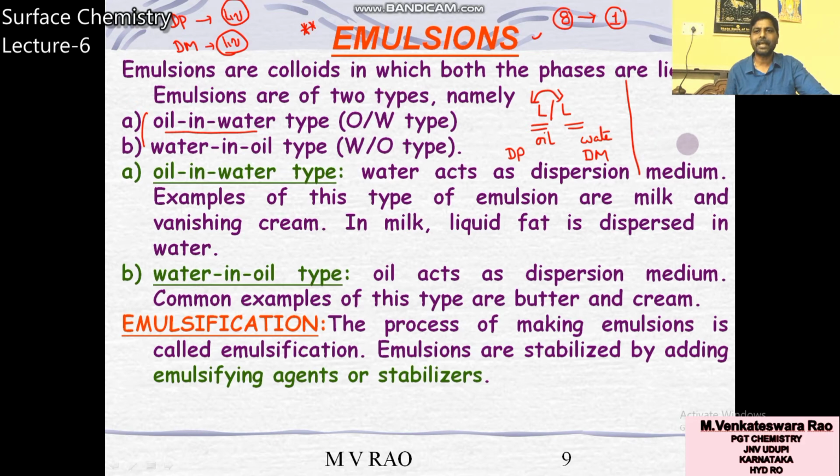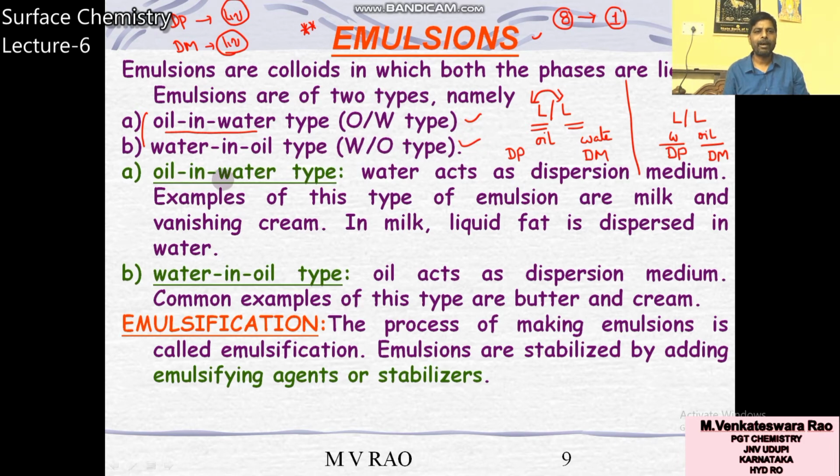The second type is water in oil: the dispersed phase is water and the dispersion medium is oil, so oil content is more.